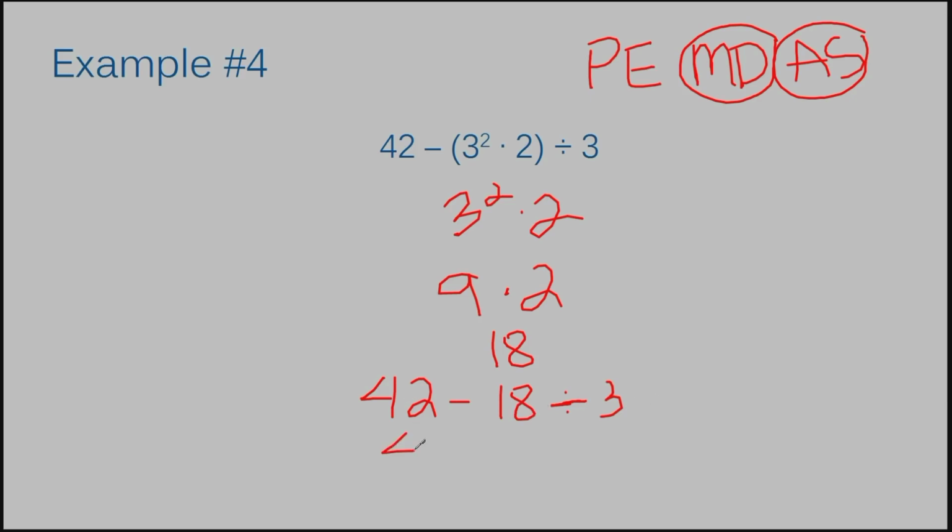So 42. And my subtraction sign just gets rewritten. 18 divided by 3 is 6. And then we just have this one subtraction problem right now. And that is 42 minus 6. And that gives us 36. So the answer to example number 4 is 36.